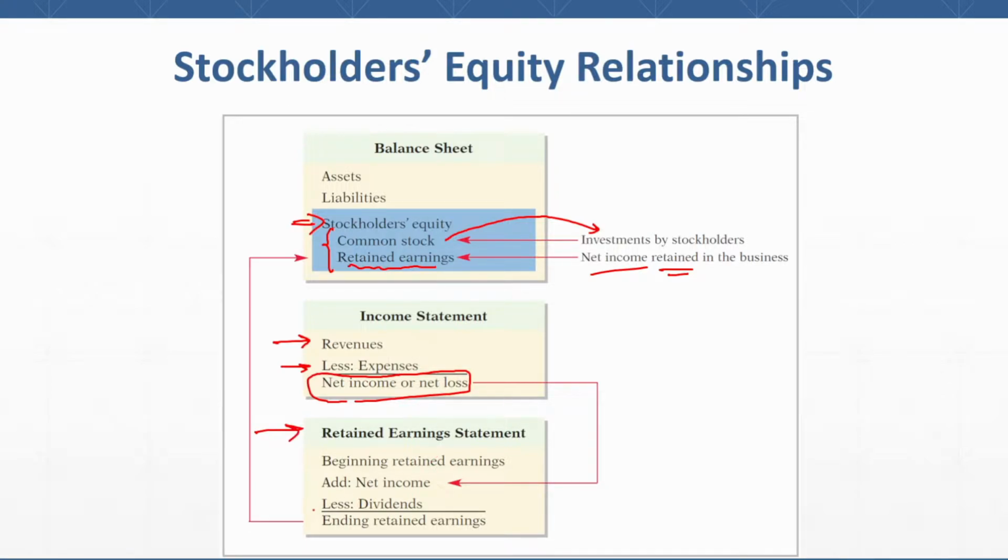And after deducting dividends, you are left with ending retained earnings. Ending retained earnings go to balance sheet. That's how we calculate retained earnings. So this is how different financial statements are related with each other and how equity components are related with each other.